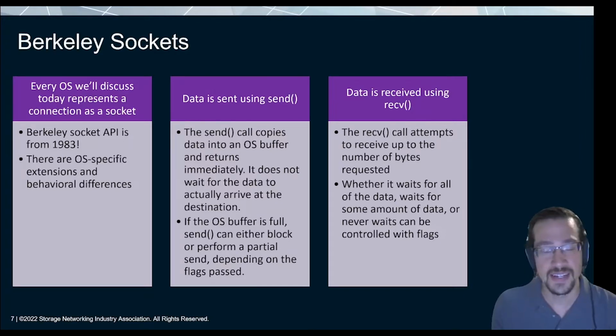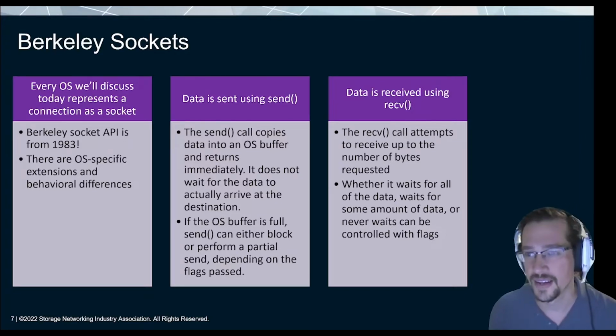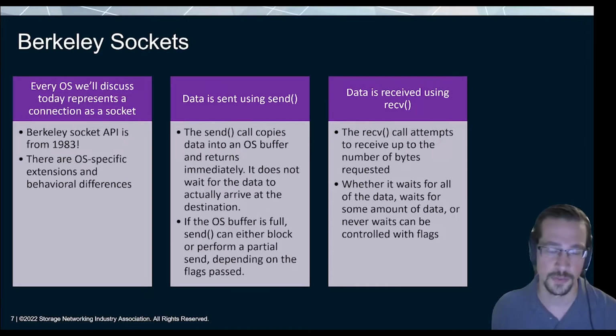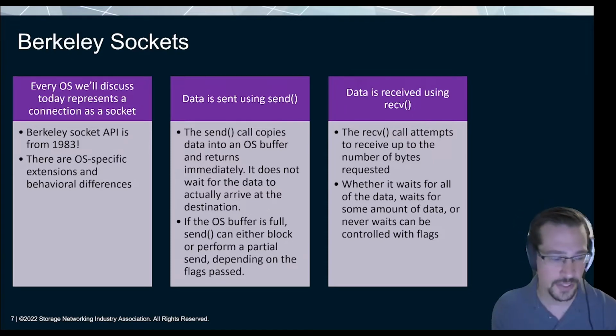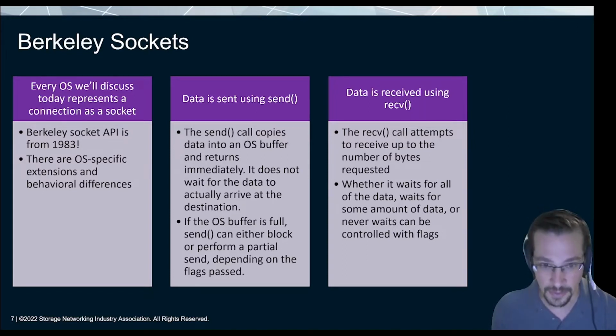But the basics are data is sent using the send system call and data is received using the receive system call, and you pass in the socket and a data buffer to both of those, and it attempts to do the send or the receive. A few key points though: the send call does not wait for the data to arrive at the other end of the connection. It is simply copying it into an OS buffer and returning immediately.